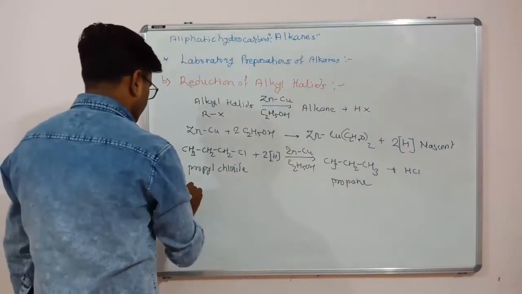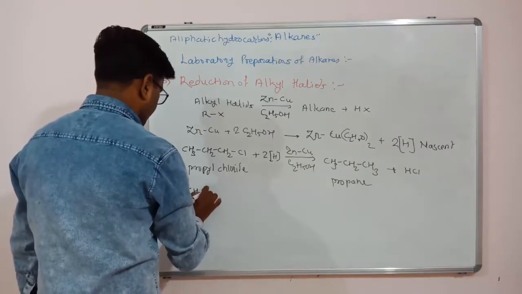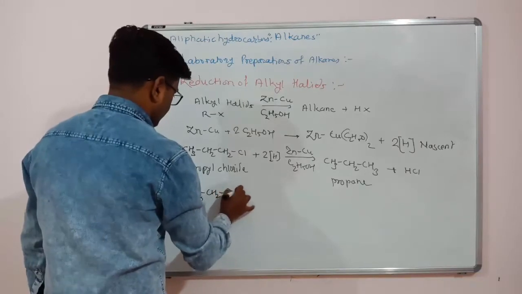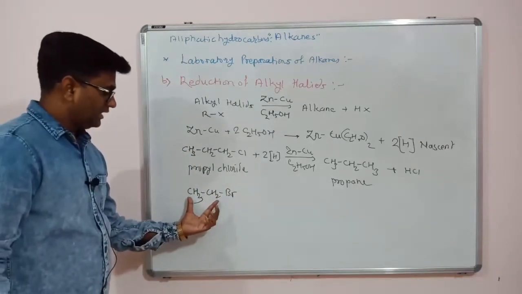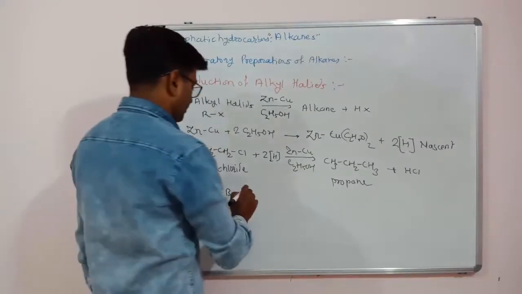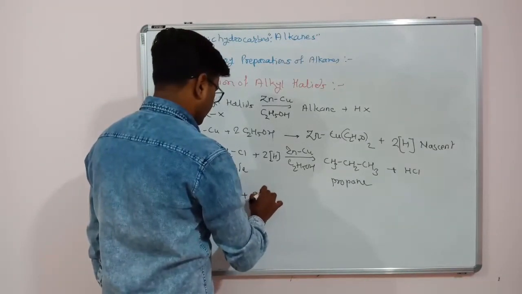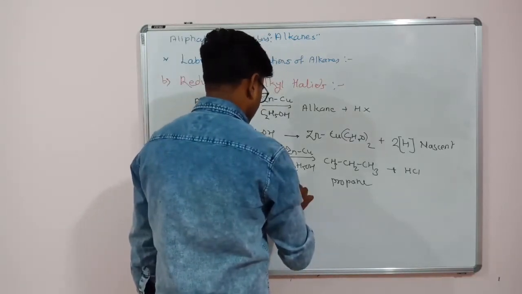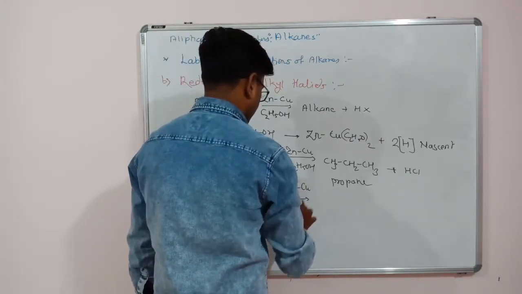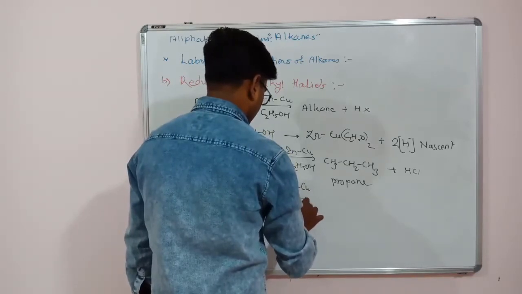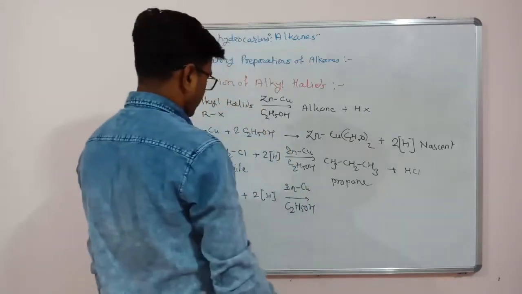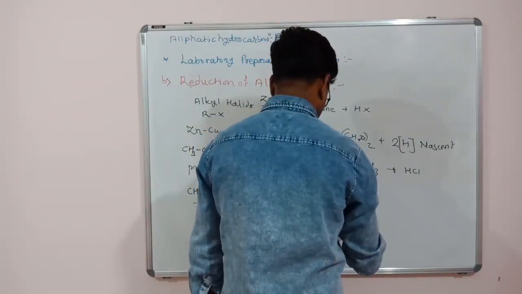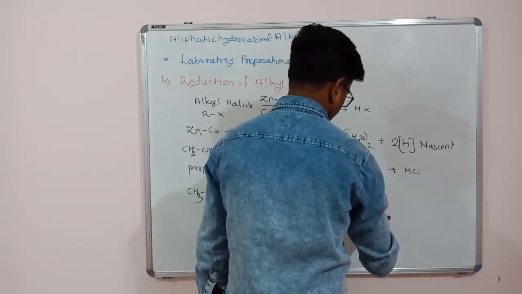Next example, suppose we have CH3 CH2 Br. What is the name? Ethyl bromide. If it reacts with two nascent hydrogens in presence of Zn copper C2H5OH, we will get ethane, CH3 CH3.